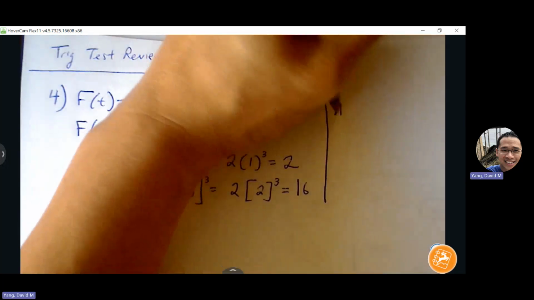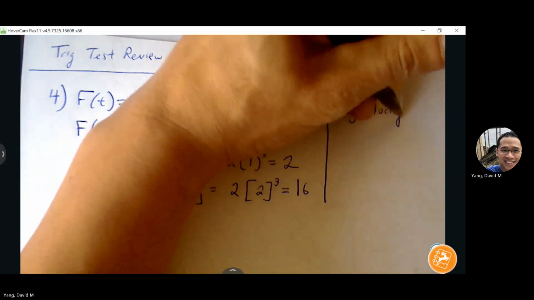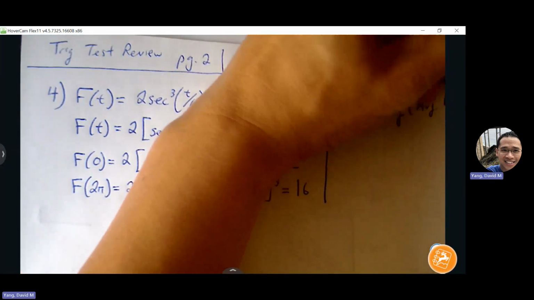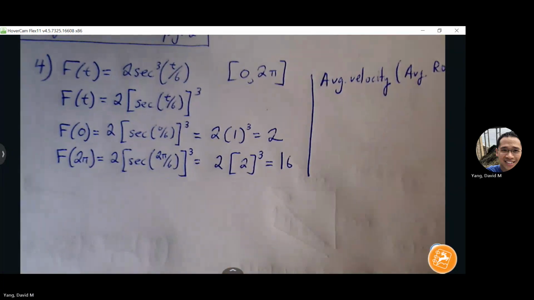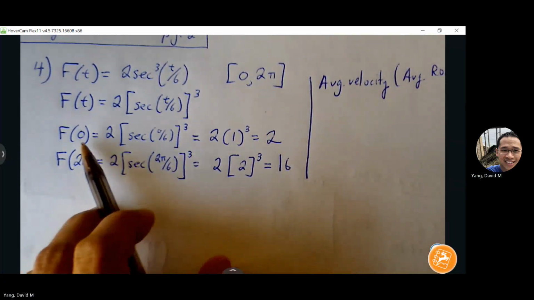So our average velocity, or in other words, average rate of change, it's just the slope between the endpoints. So change in y over the change in x.